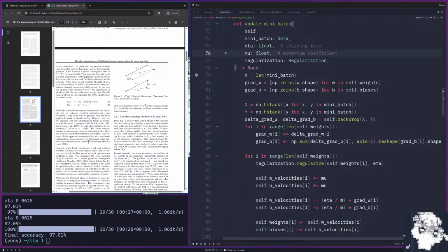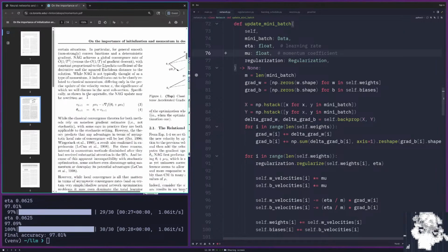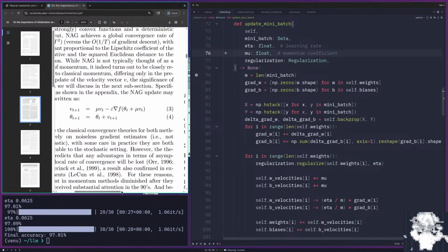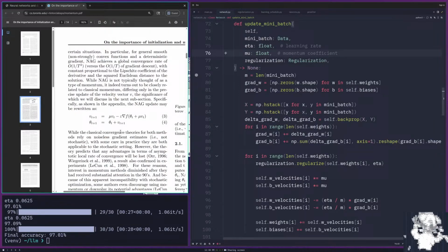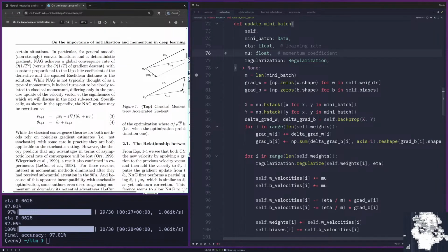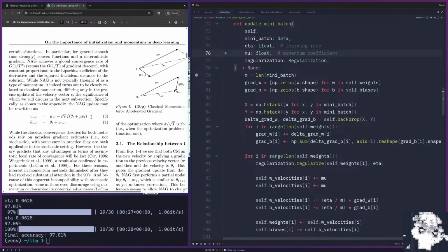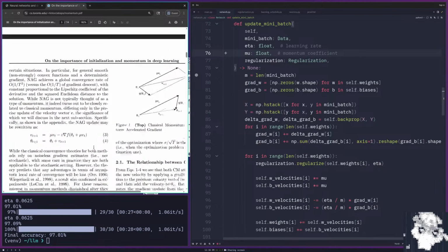Is this the modified one? I guess I don't know what this F is.